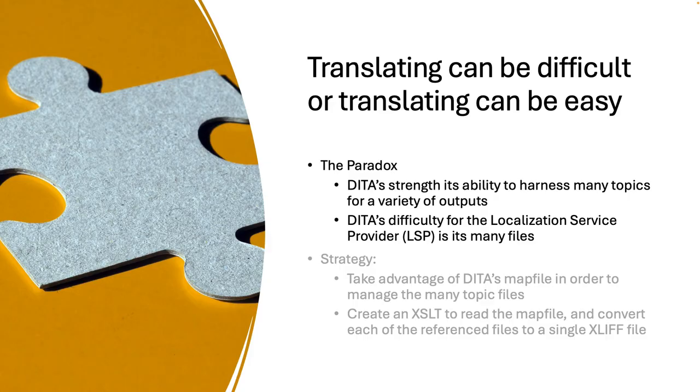The paradox in what we've been looking at: we looked at XML to start off with, and then we looked at well-formed and valid, and then we moved into a specific open standard in XML called XHTML, which warmed us up for the work that we did in DITA. And the paradox is that DITA's strength is its ability to harness many topics for a variety of outputs. And we saw that.